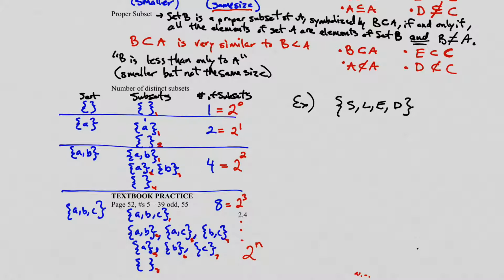So this has 4 elements. And instead of listing them all, we have to do is use the formula. So 1, 2, 3, 4 elements. That means we're going to do 2 to the 4th power, which is 2 times 2 times 2 times 2, which is 4 times 4, which is 16. Okay, we don't actually have to list them all out.